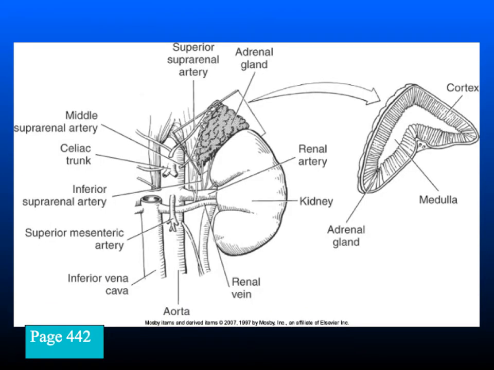This next slide, we're going to be talking about adrenal glands and then the kidneys, which are very important. Adrenal glands sort of look pyramid shaped. They're on both kidneys, right and left. Adrenal glands are important because they also secrete certain hormones that are very important for our body.